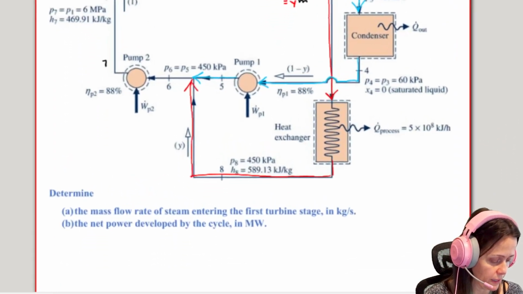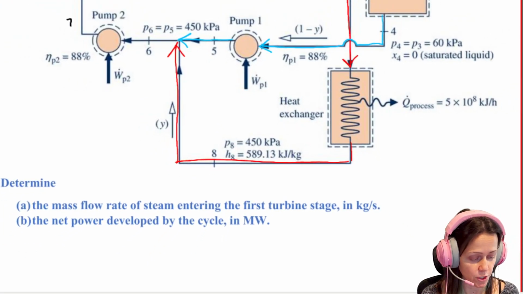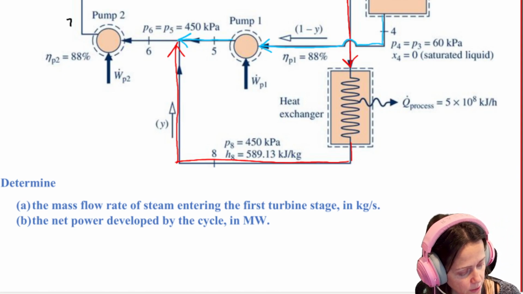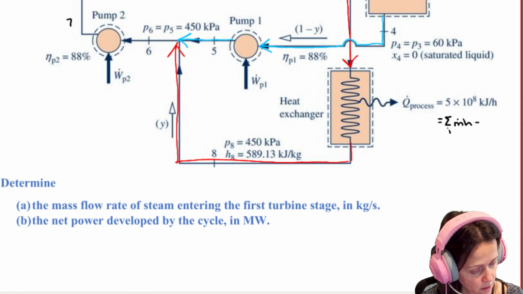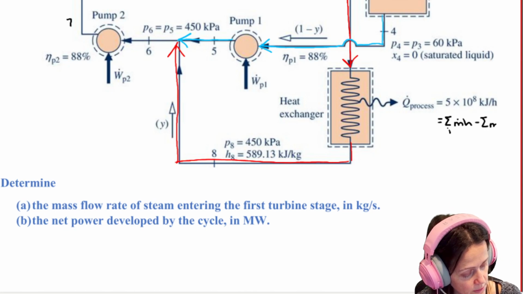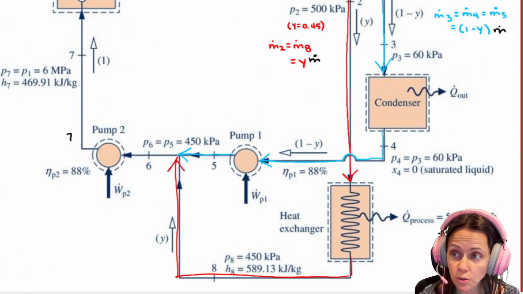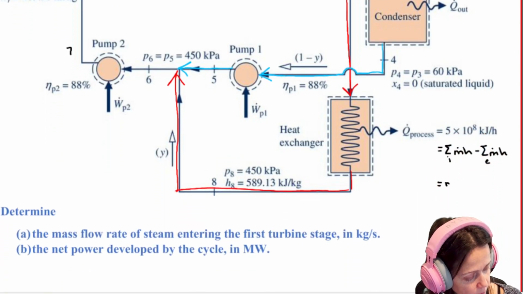The way I'm going to calculate that is to look at my Q dot process and do an energy balance on that heat exchanger down there. So it's going to be the sum of the m dot h's going in at 2, and then exiting at 8.